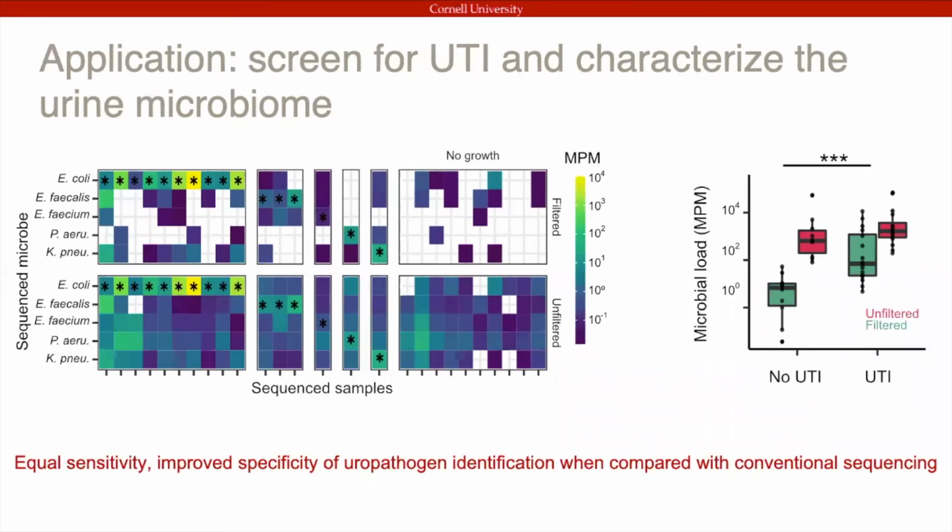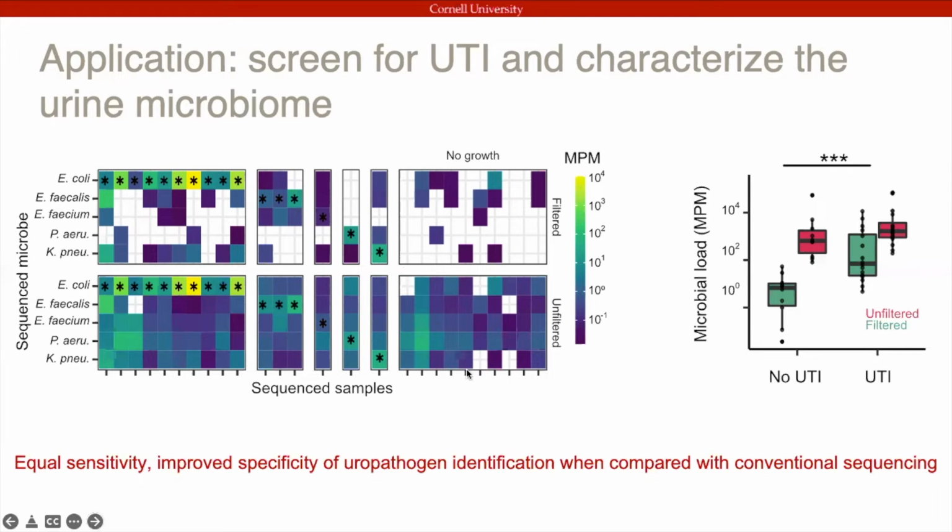We applied cfSeq to a number of different applications, but today I'll just share a few of them. In the first, we looked to see whether or not we could use cfSeq to more accurately screen for urinary tract infections and to characterize the urine microbiome. For this, we had 26 urine samples, a few of which had positive urine cultures.